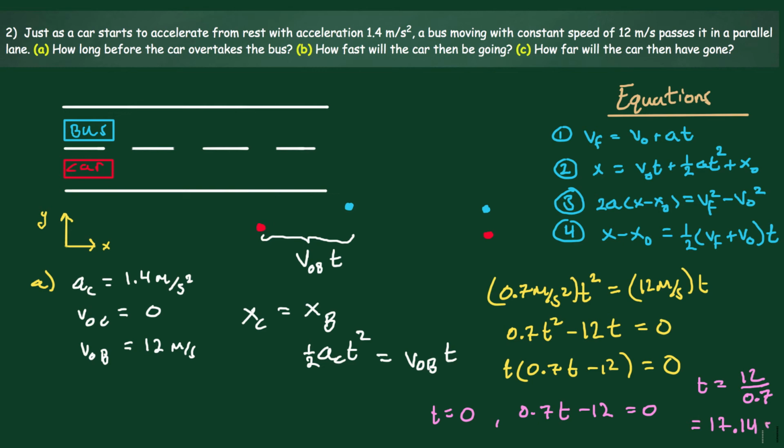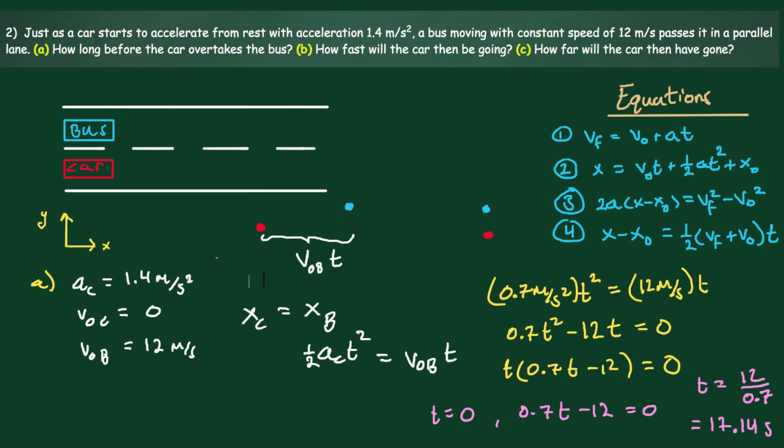Okay, so what does the t equals 0 solution mean? What it means is that at time t equals 0, the car and the bus are side by side, right? The distance between them is equal to 0. And which makes sense because at the very beginning, at the start of the problem, the bus and the car were side by side.